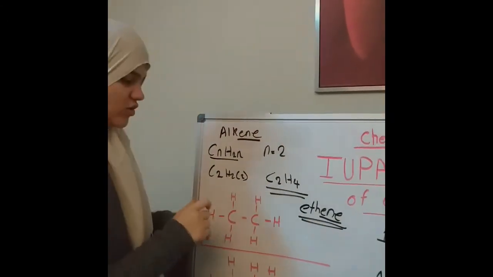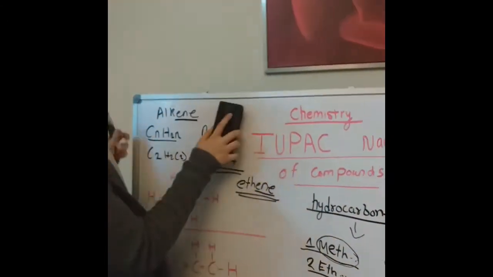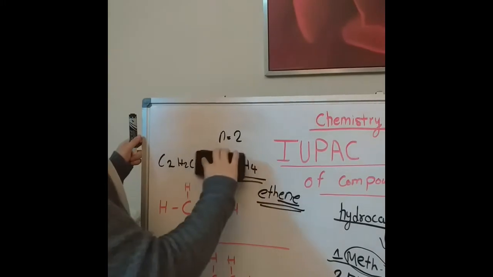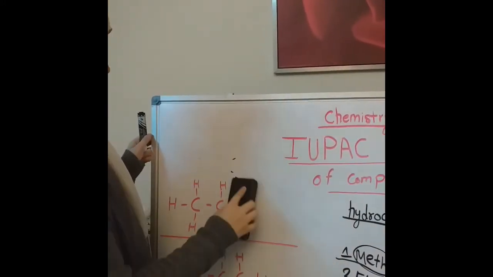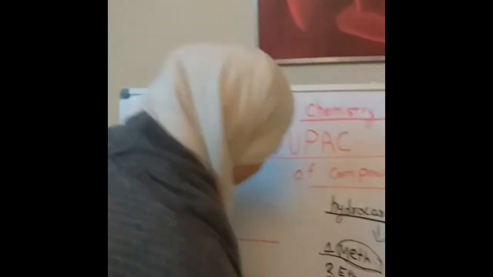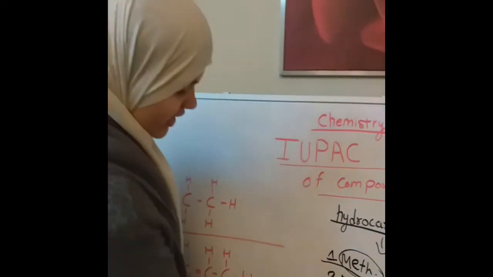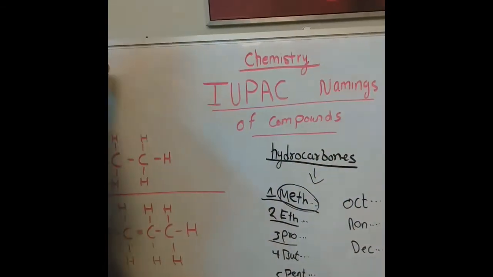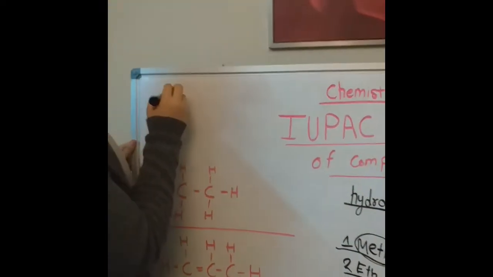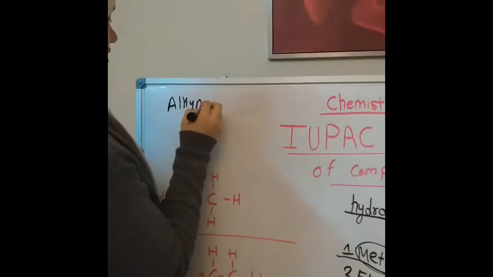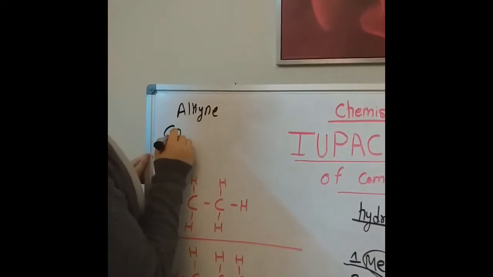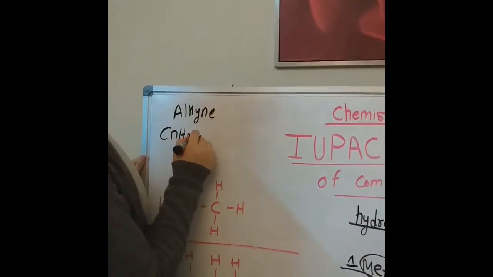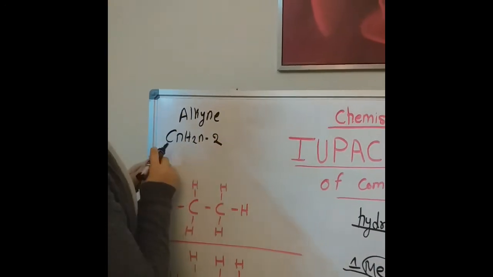So what will happen if it is alkyne? I will take 3. That means alkyne. The formula for alkyne is CnH2n minus 2.